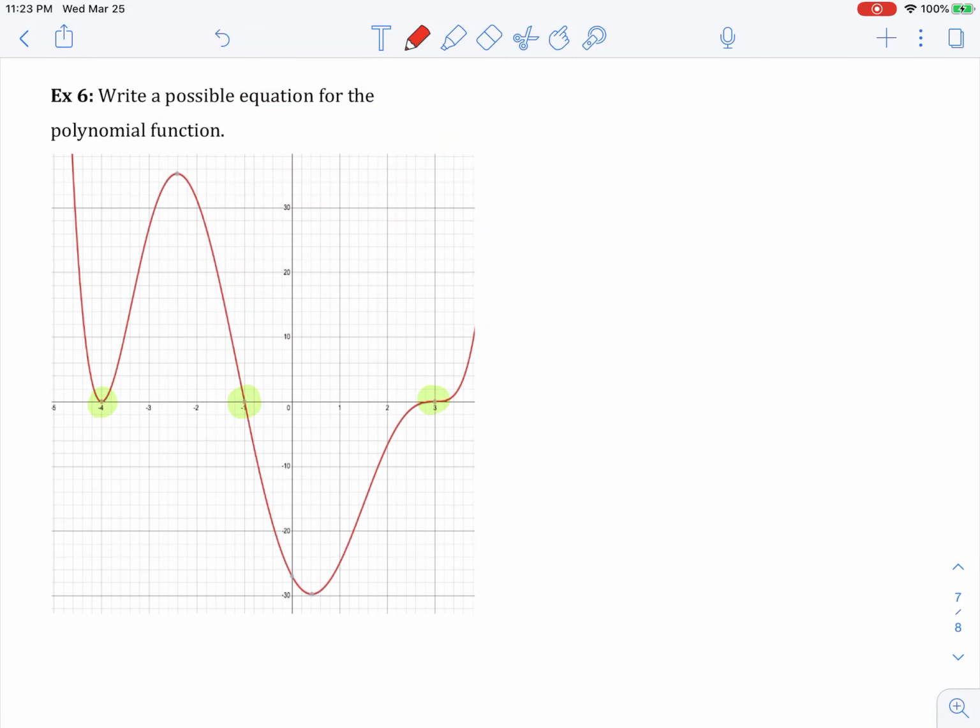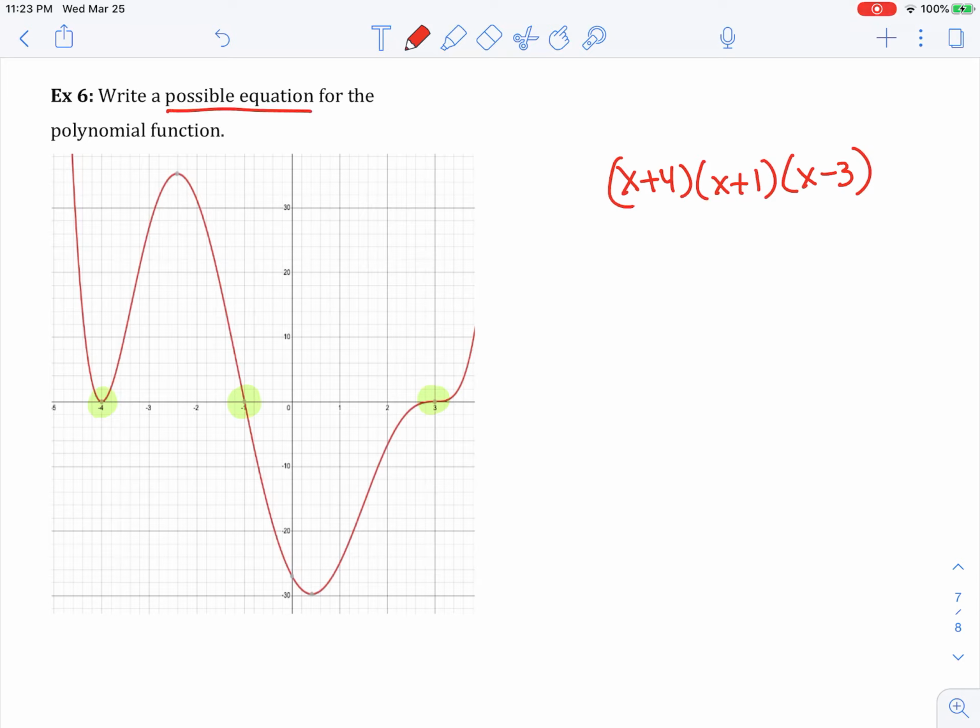So in order to write the equation, I know I have to have a factor of x plus 4, which would give me that x-intercept of -4. I have a factor of x plus 1 because of the x-intercept at x equal to -1. And I have a factor of x minus 3 because of the x-intercept at +3.